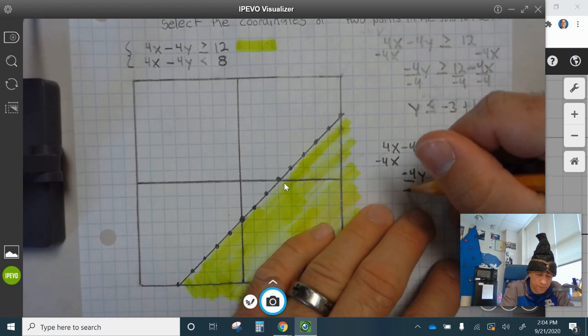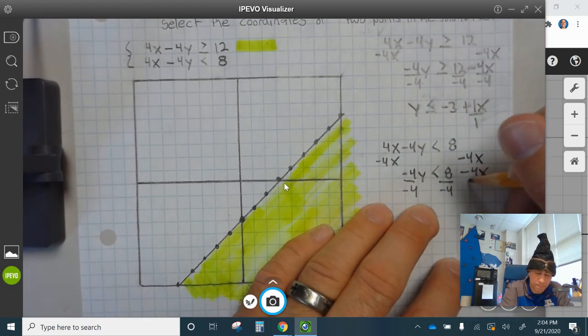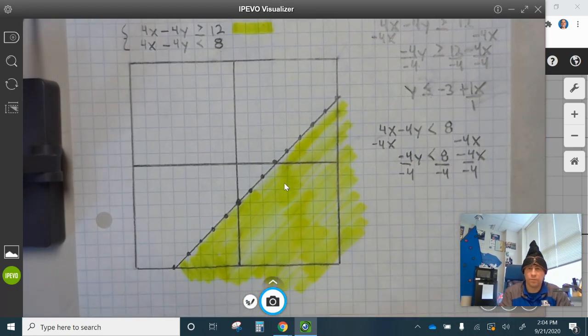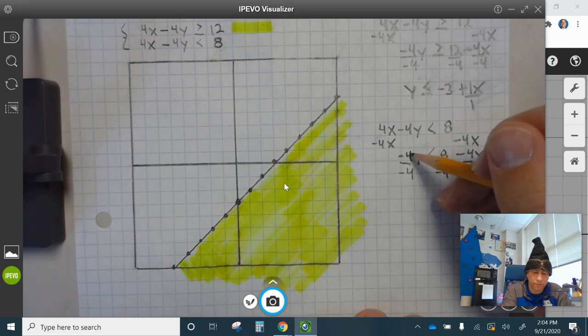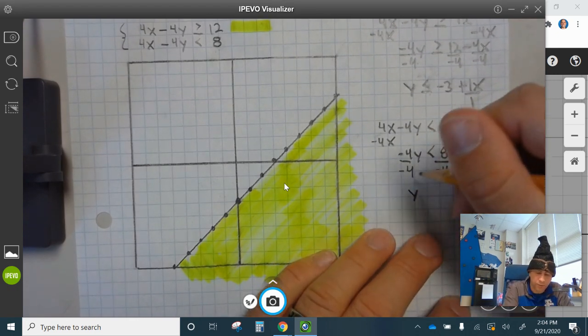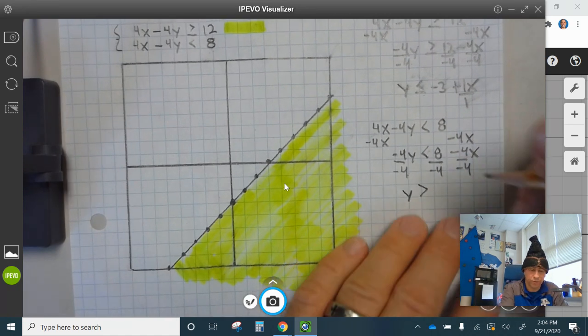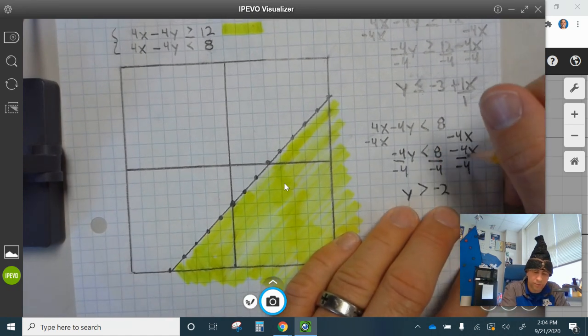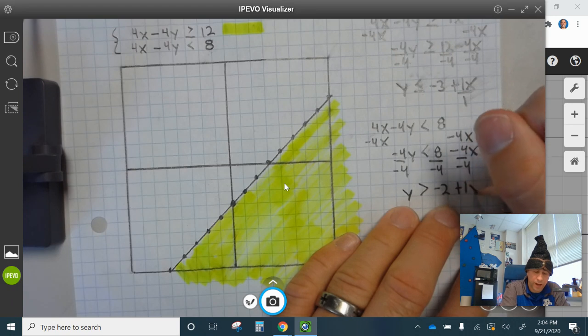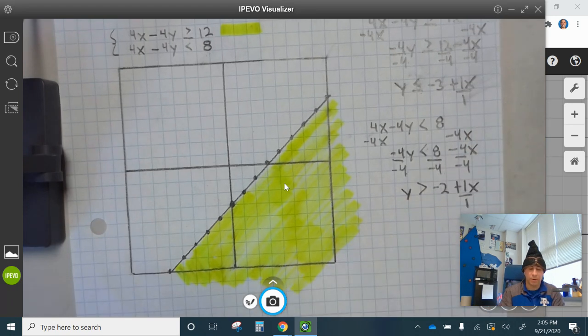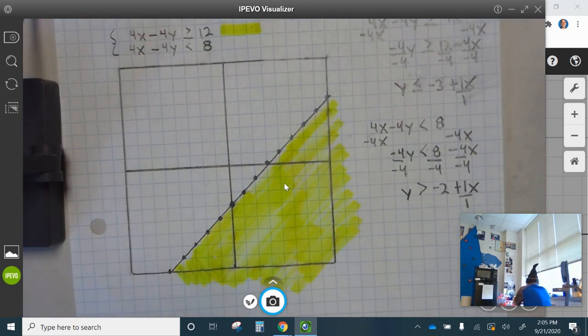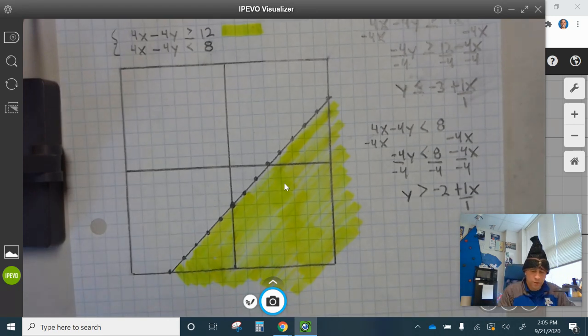Divide everything by negative 4. Okay. A negative divided by negative is positive. 4 divided by 4 is 1, so that's y. You divide by negative, so this was less than. Now it's greater than. 8 divided by negative 4 is negative 2. And negative 4 divided by negative 4 is a positive 1x. Sorry, let me start my pencil there.